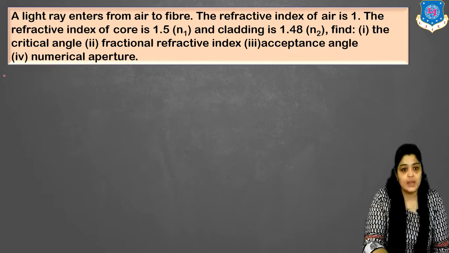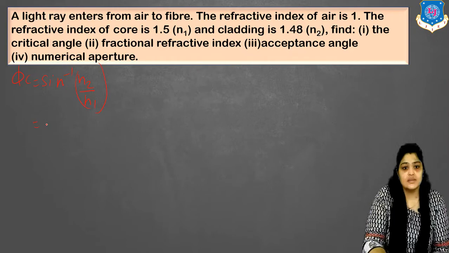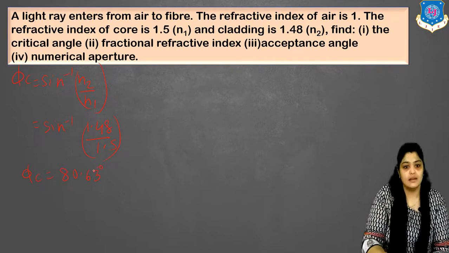So let's start solving, first with phi c, that is sine inverse of n2 by n1. So this is sine inverse of 1.48 divided by 1.5. So phi c is equal to 80.63 degrees.